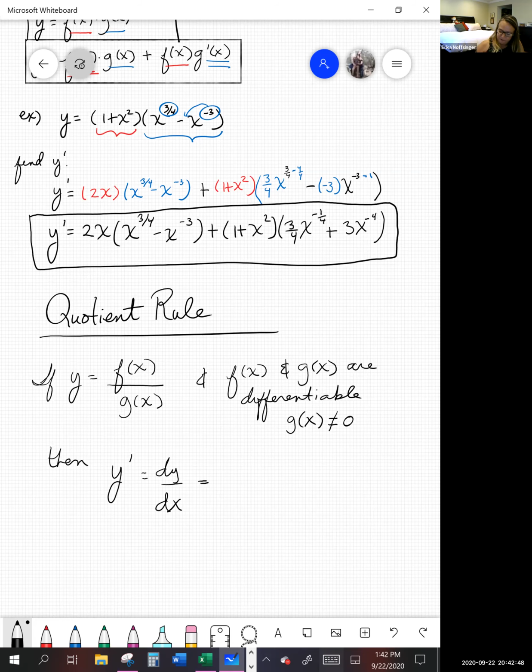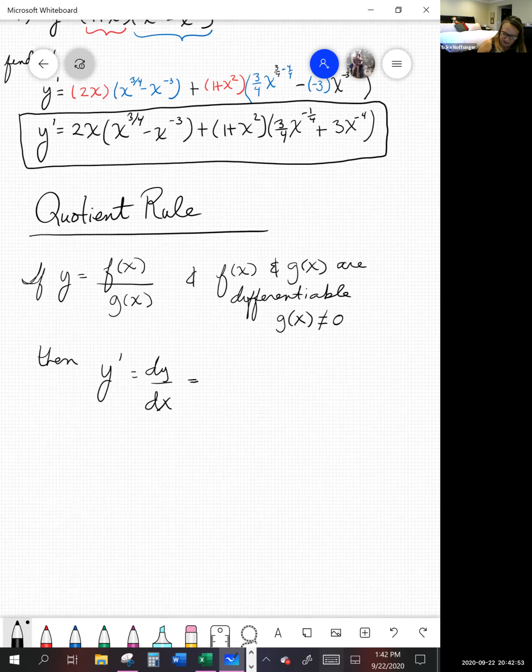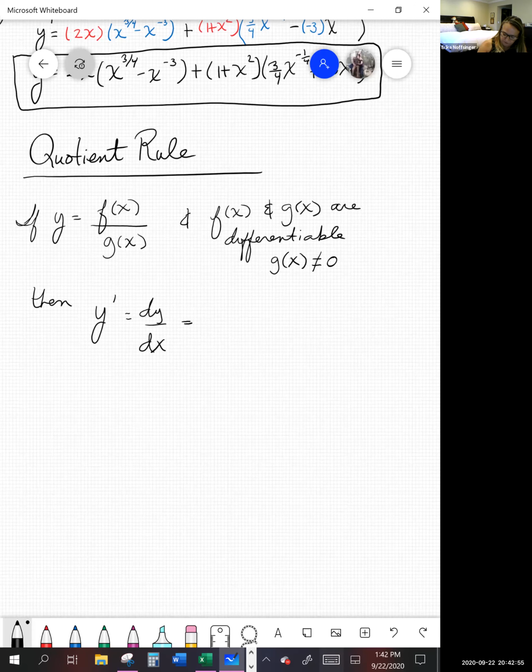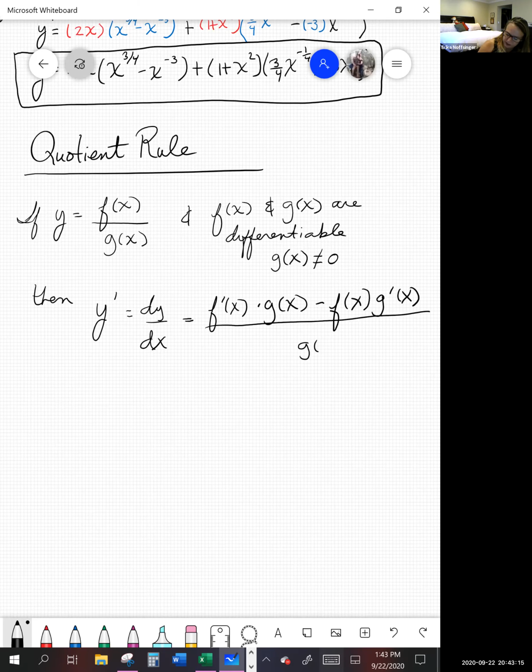So it's going to be f prime of x times the denominator minus the numerator, f of x, times the derivative of the denominator, g prime of x, all over this denominator, g of x, quantity squared.